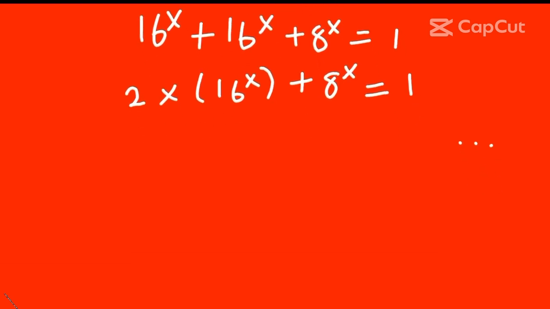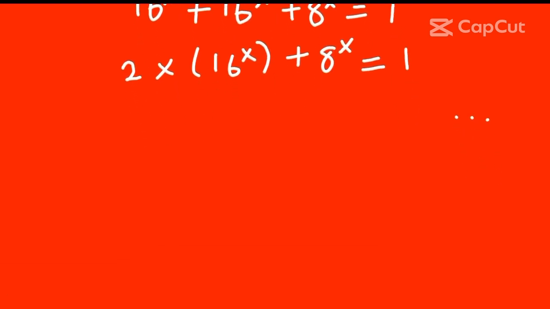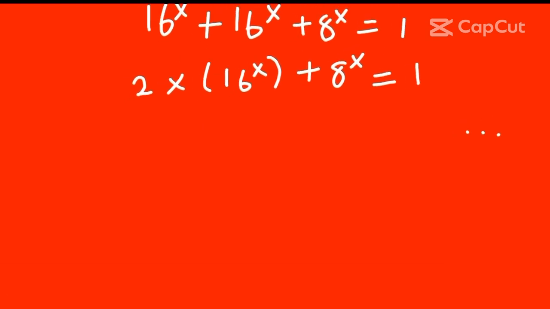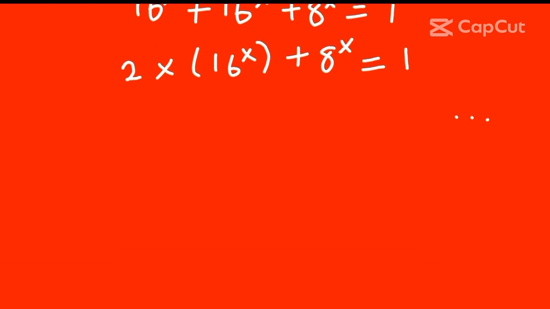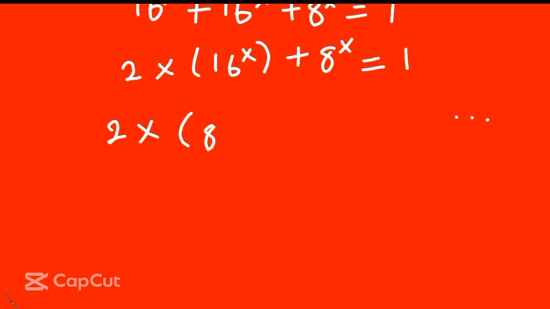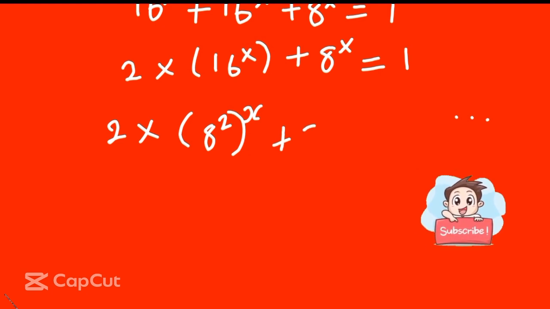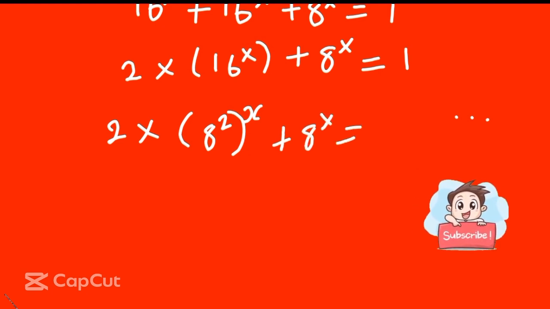Now, the next thing we are going to do: 16 can also be written as 8 raised to the power of 2. So we are going to transfer that into our equation. This is going to give us 2 multiplied by 8 raised to the power of 2, all raised to the power of x, plus 8 raised to the power of x is equal to 1.